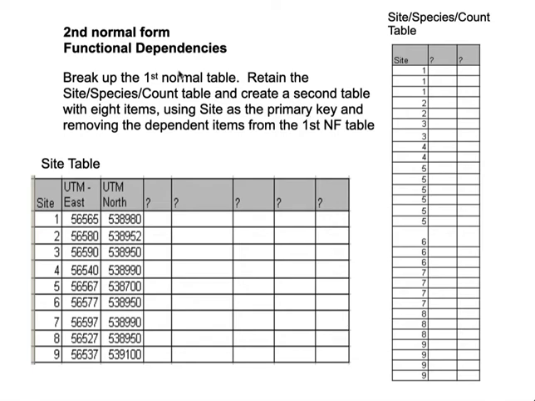Well, we basically have all the site information, and then we have the site species count, right? So there's the site and the species, and that's really the crux of the table, the site species count. That's that one concatenated key, the site species, and then the stuff that's dependent on that, the count.